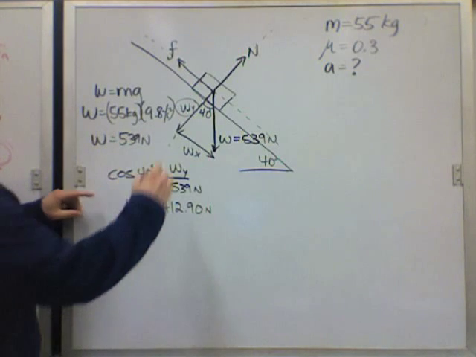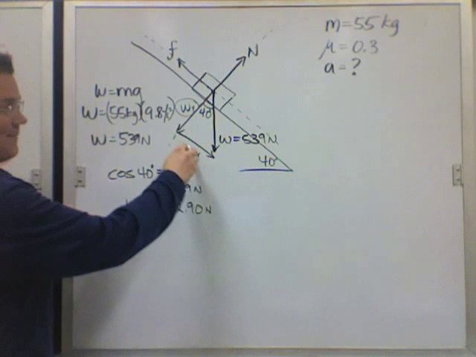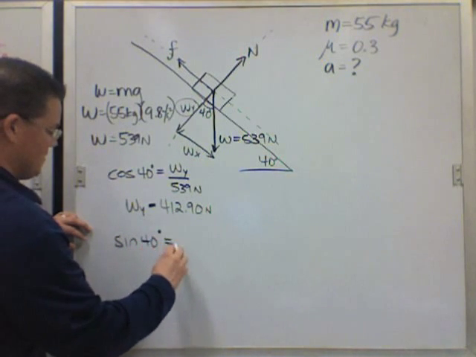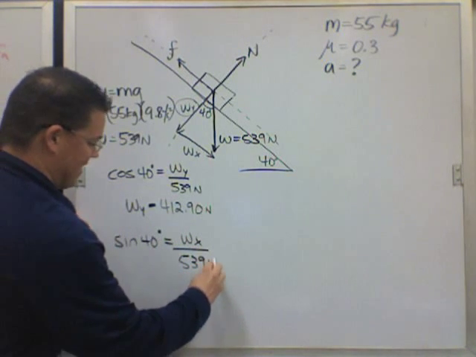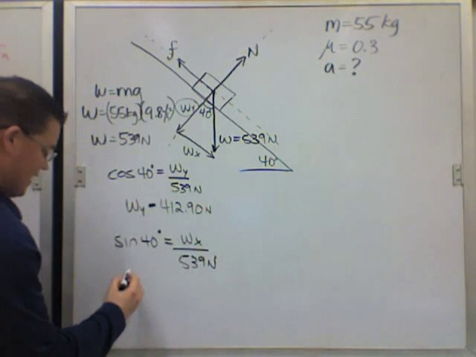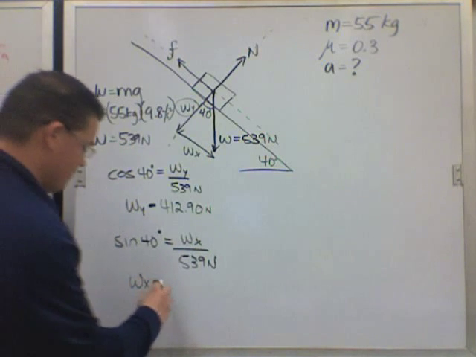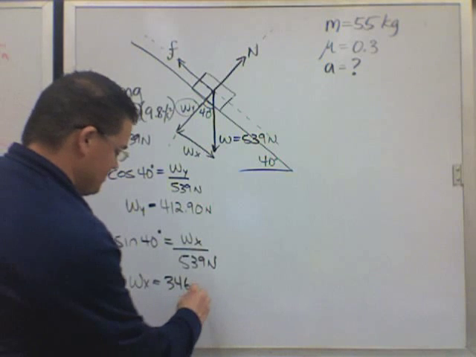Now to find Wx, and I'm just going to do that to get it out of the way, this is my opposite side. I'm going to do sine of 40 degrees equals Wx over 539 newtons. When I rearrange that, I know that Wx is 346.46 newtons.